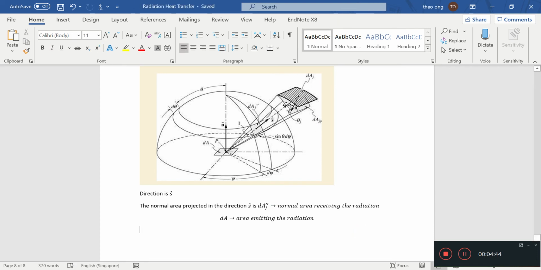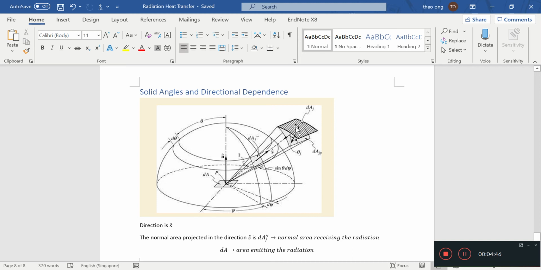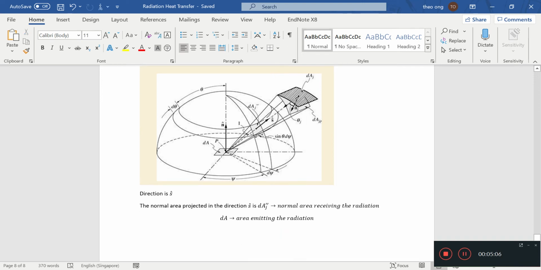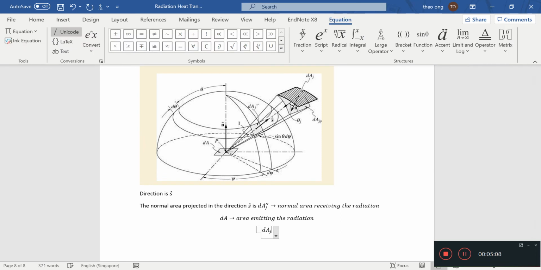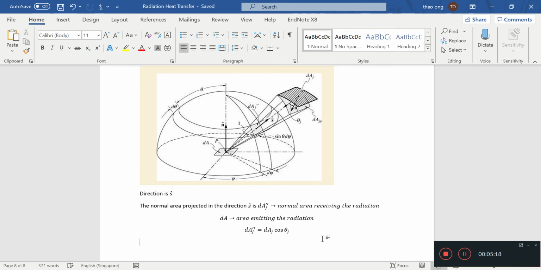If there was some actual area dAj, you can see this dAj here, it's angled at some angle theta j, so it's not normal to this direction vector s. So we can say that dAj double prime equals dAj cosine of theta j. That's what this diagram is saying.